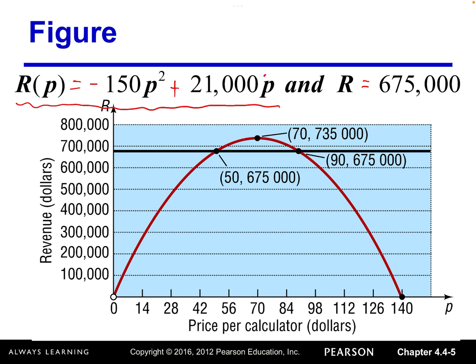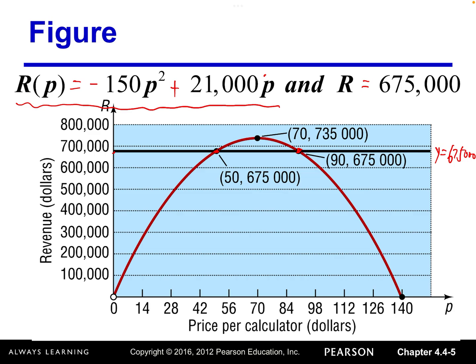We find what price of the calculator makes the revenue equal 675,000. From the graph point of view, we draw a horizontal line, y equals 675,000. And then we can clearly see this line intersects the parabola two times. So we're trying to find these two intercepts.